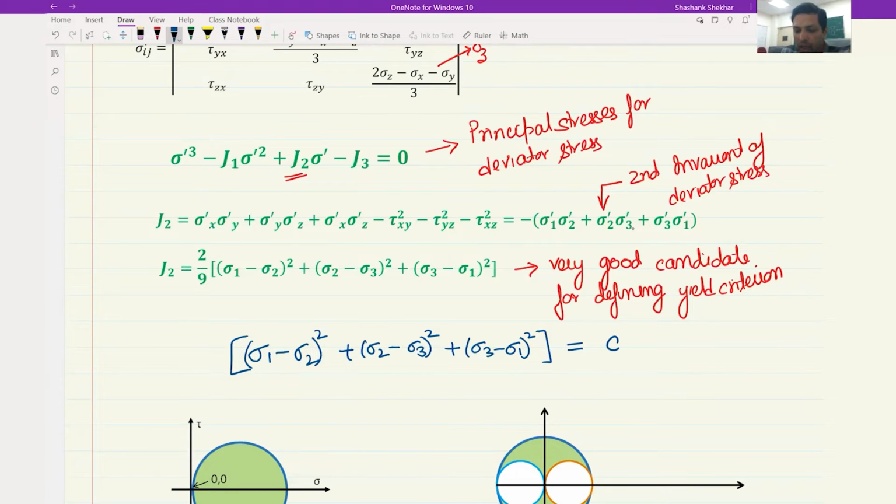So certainly it does define some mechanics which will describe the yielding of the material, and therefore this will be a very good criterion to define yielding. And now the next question is how to obtain this constant C. So this is a constant that we know.